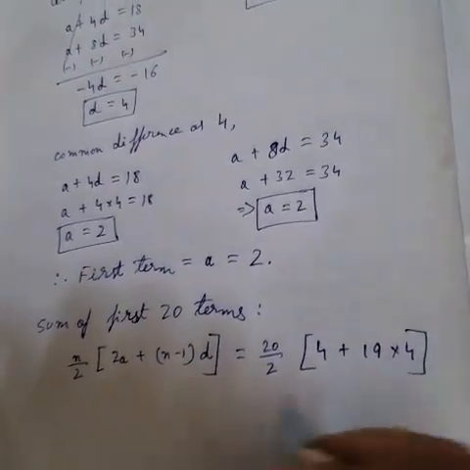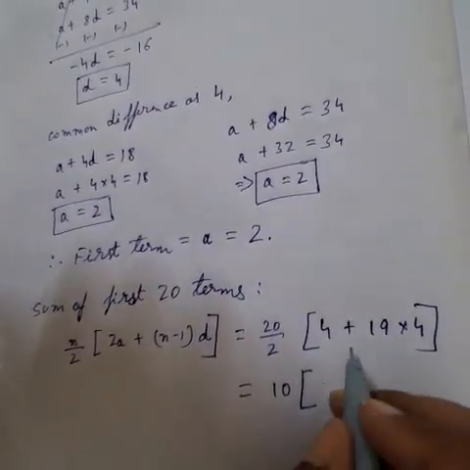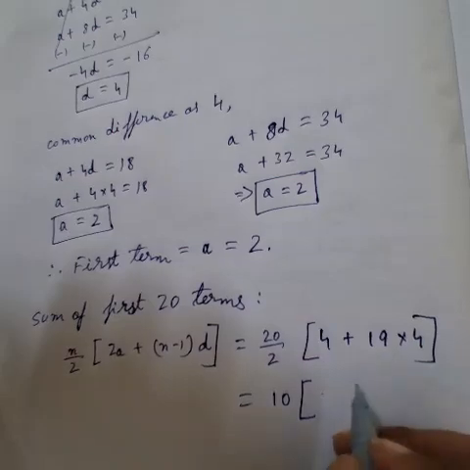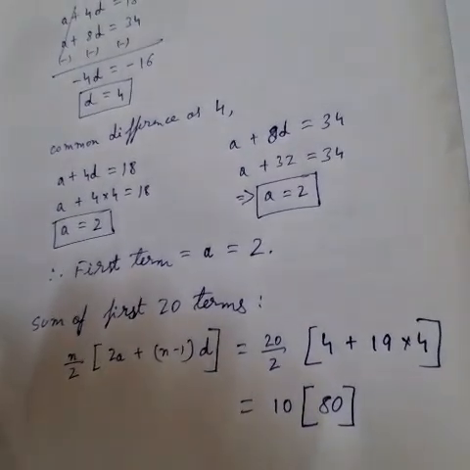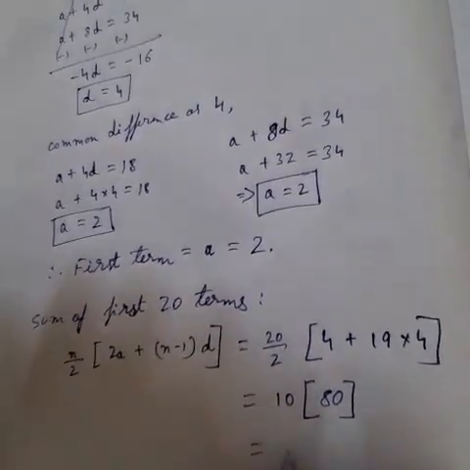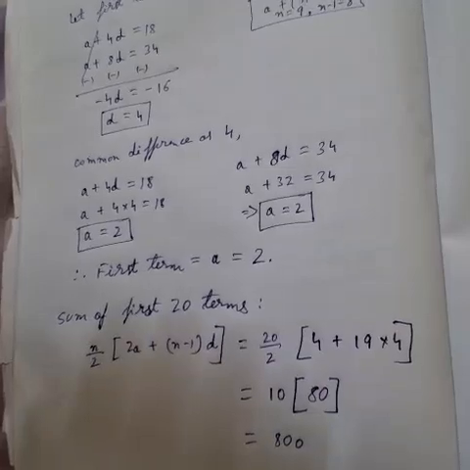So 10 into 80, that is 800. Now we can say the sum of the first 20 terms is 800.